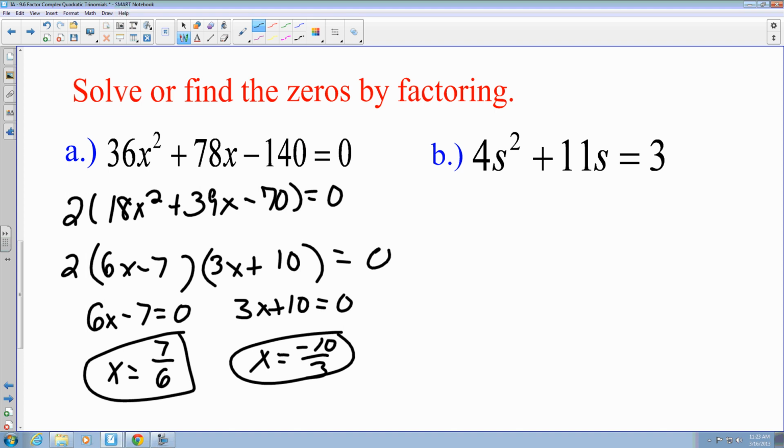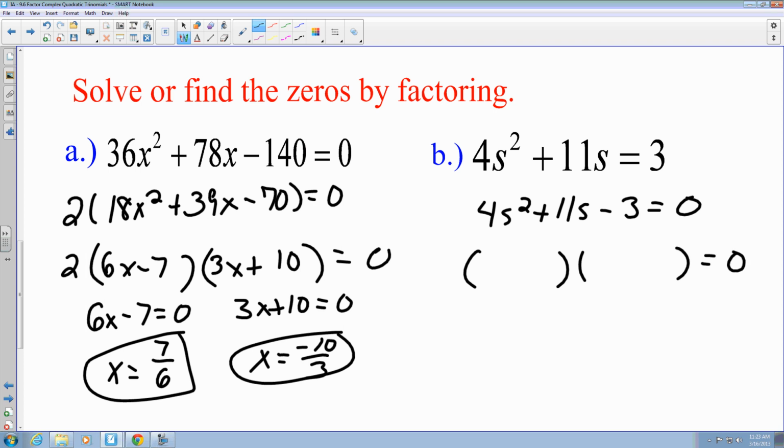Okay? For b, I must subtract 3 from both sides. So I get 4s squared plus 11s minus 3 equals 0. I'm trying to get one side of the equal sign to be 0. Now I can do parentheses equals 0. I know one's going to be a 3, one's going to be a 1.